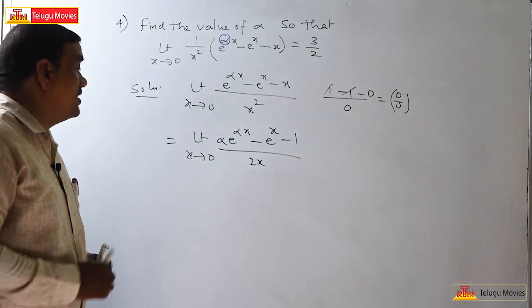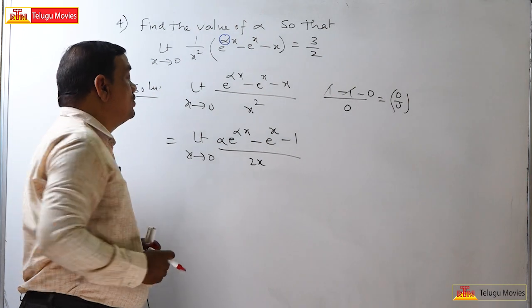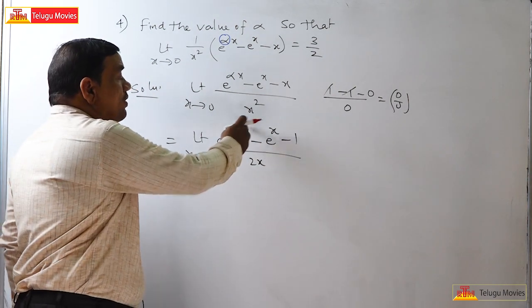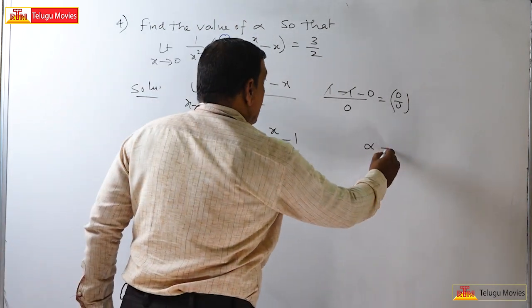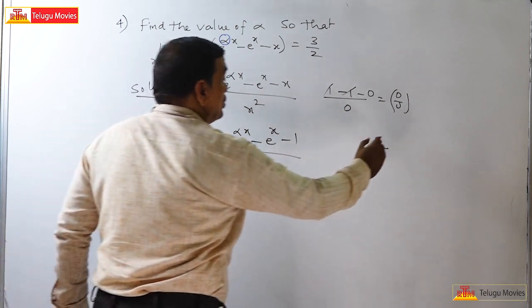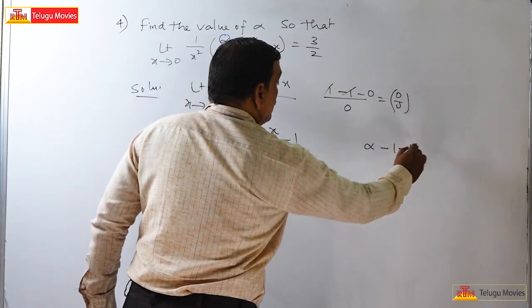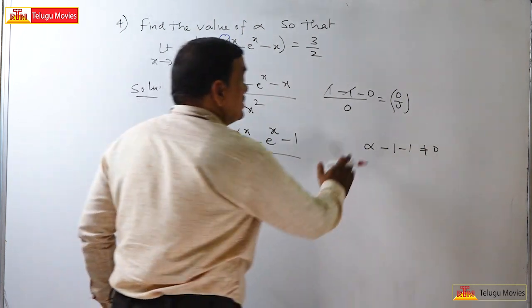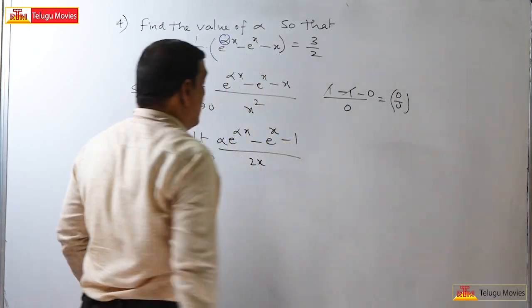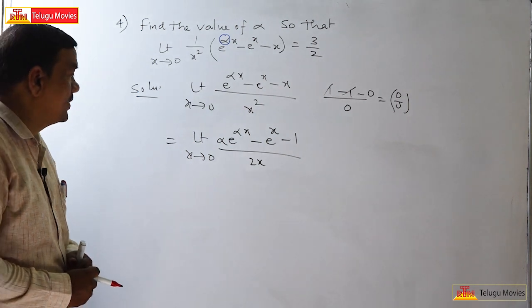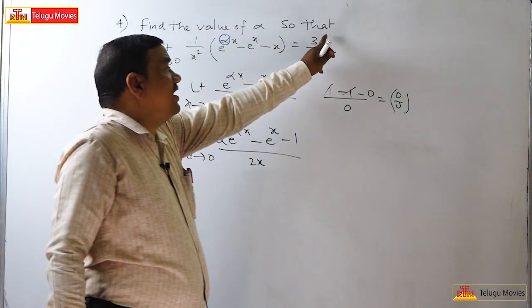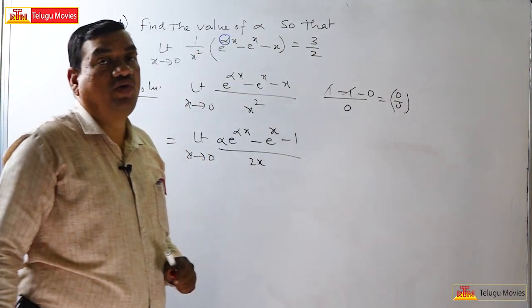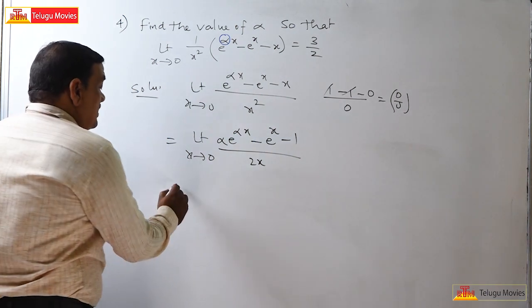Don't apply it. Why? Because as x approaches 0, the numerator gives alpha times e^0 minus e^0 minus 1, which is alpha minus 1 minus 1, and this is not equal to 0. We are not getting 0, that's why we don't apply the L'Hopital rule. But observe that we are getting a finite value, 3/2.